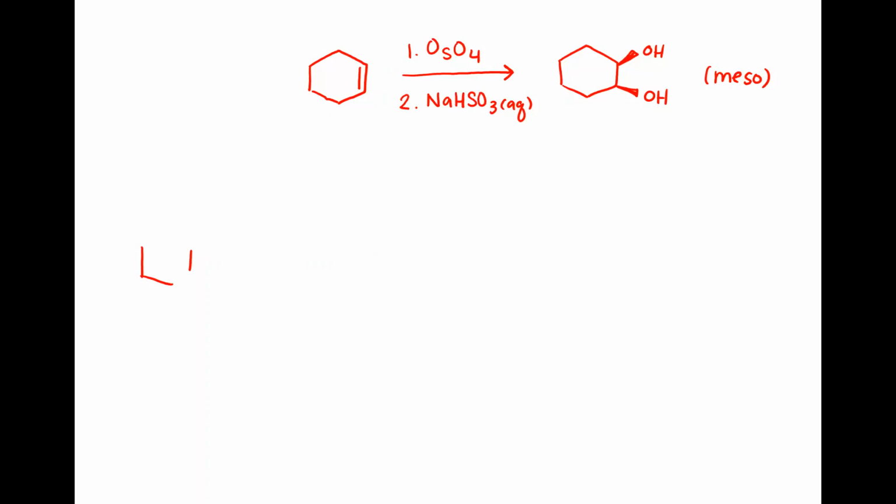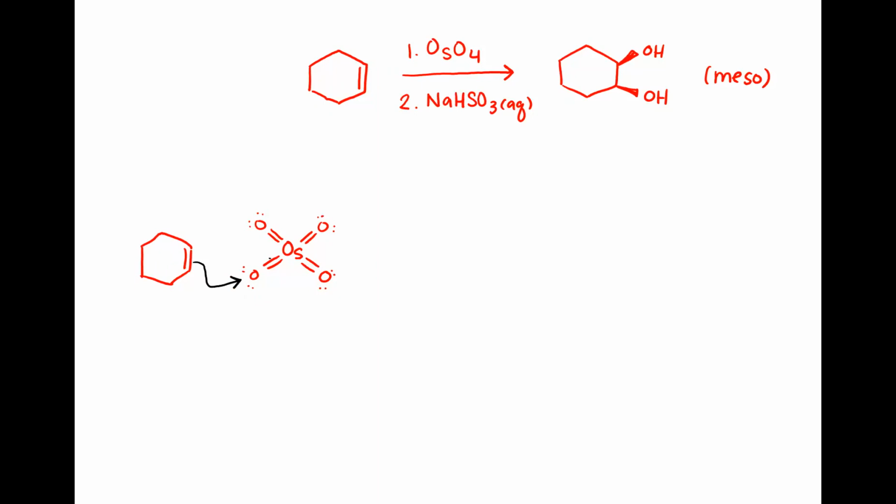So we'll start with cyclohexene and then draw out osmium tetroxide. Of course, this is making more than 4 bonds, but it's okay on a large atom such as osmium. When we're doing an alkene addition reaction, typically we start our arrows on the alkene, and so it will do a nucleophilic attack on that oxygen.